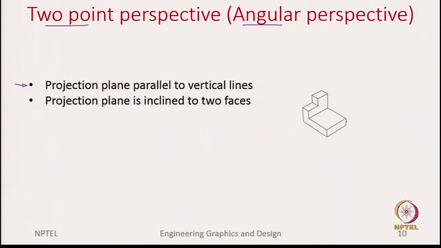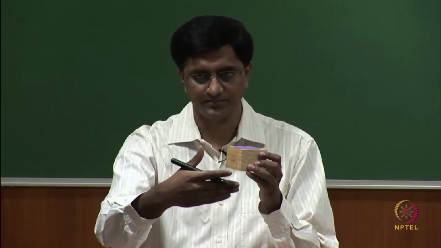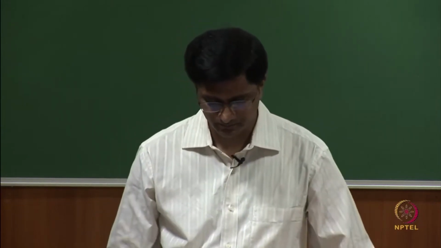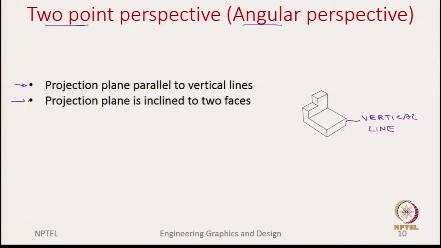For example, if you are looking at this as the vertical line, and this as the vertical line, we see that the projection plane is parallel to the vertical lines. And we are also saying that the projection plane is inclined to the two faces.